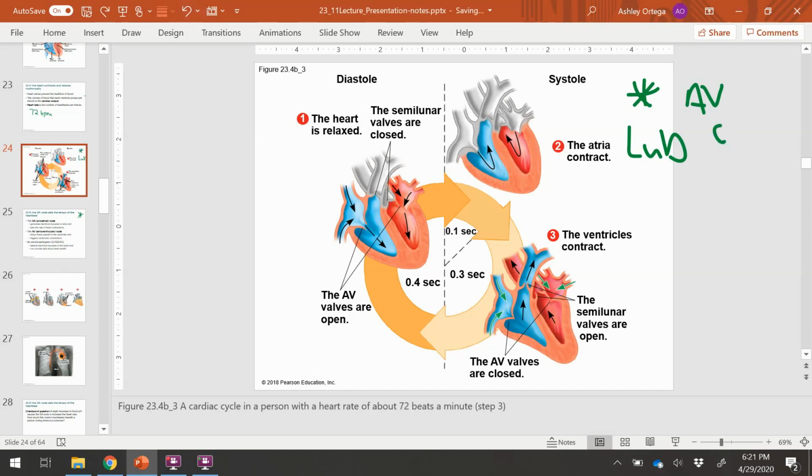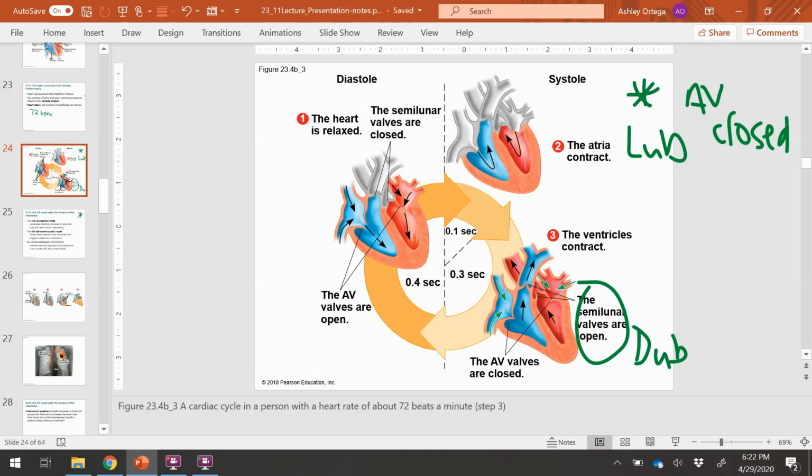Now if I can write here. And the dub sound actually comes from the third step, where the semilunar valves close, and that forms the dub sound. So lub-dub, lub-dub, the beat of the heart comes from the systole phases.